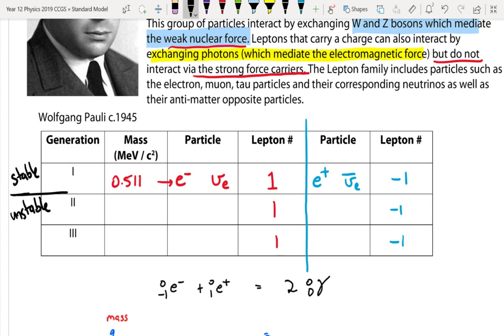But the second generation lepton needs 106 MeV/c², and if you can do that, you make a very heavy electron, which we call the muon. Now the muon we've already experienced. The muon is a very high energy lepton that is created in the upper atmosphere by collisions of cosmic rays, and in a stationary rest frame they exist for 6 microseconds before they spit off other energy and matter and decay into smaller forms.